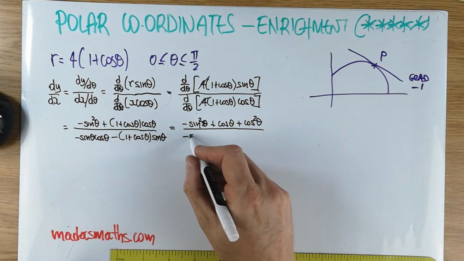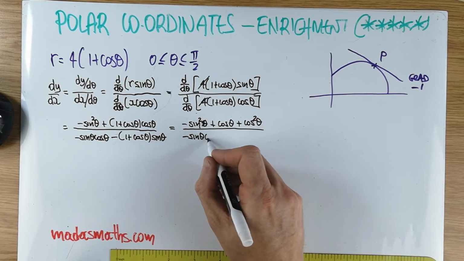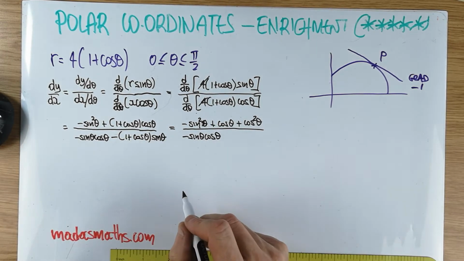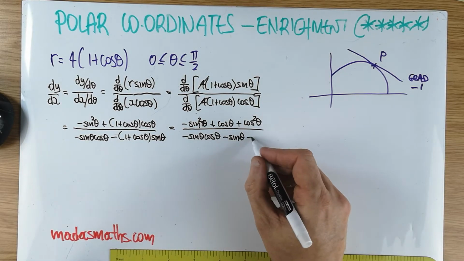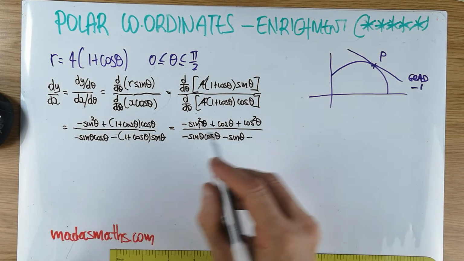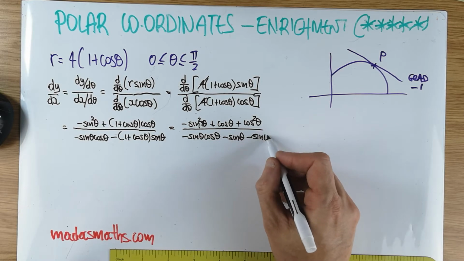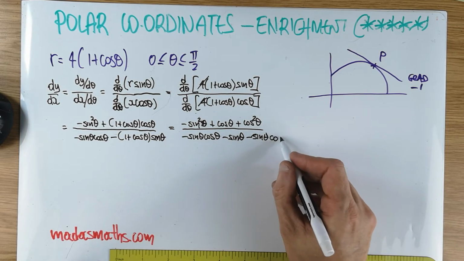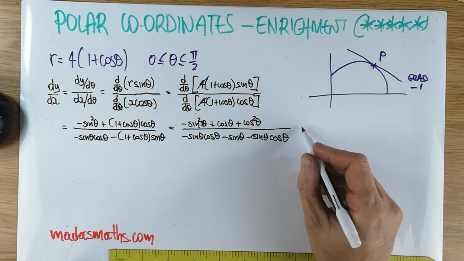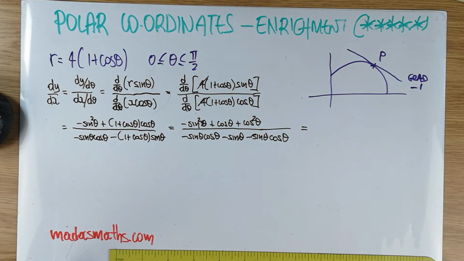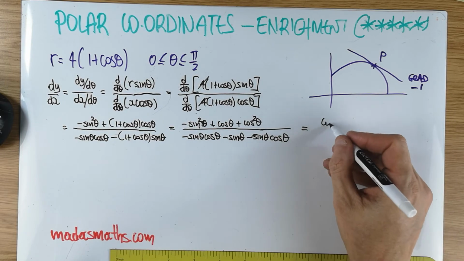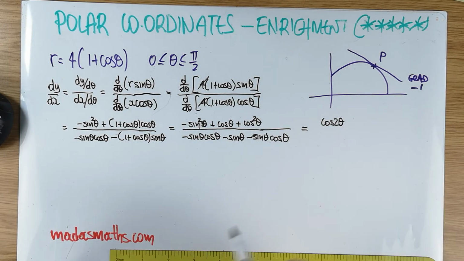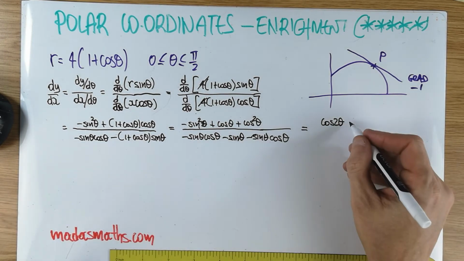And at the bottom, I'm going to get minus sine theta cos theta, minus a sine theta, minus another sine theta cos theta. So I've got 2 of these now, sine theta cos theta. And the final tidy for this: cos squared minus sine squared is definitely the cos of 2 theta, the standard A-level identity, plus a cos of theta.